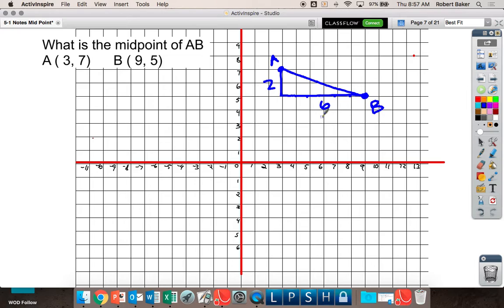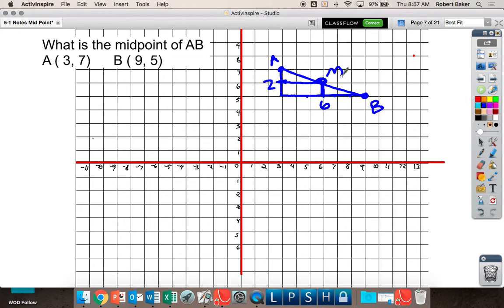What's half of 2? 1. So I'm going to count down 1. What's half of 6? 1, 2, 3. So I count. My midpoint is right there.